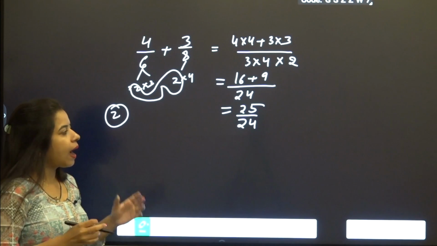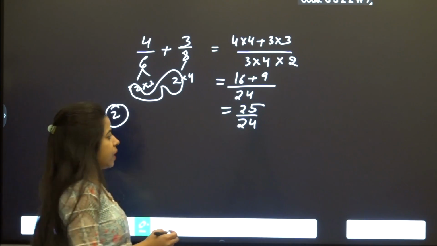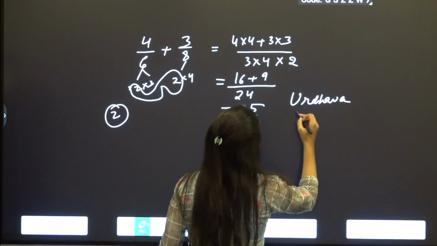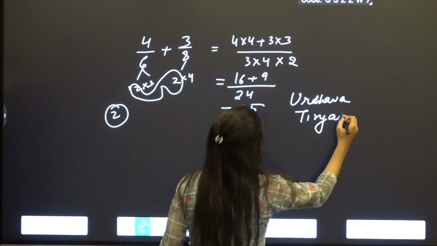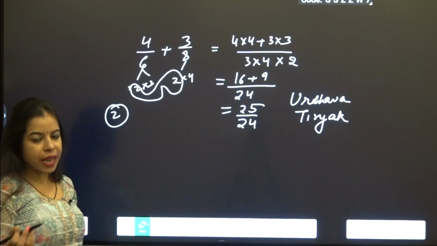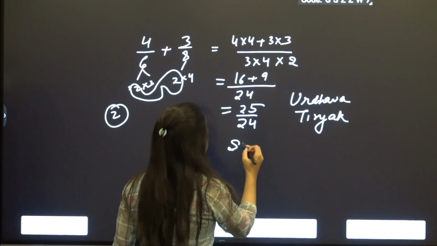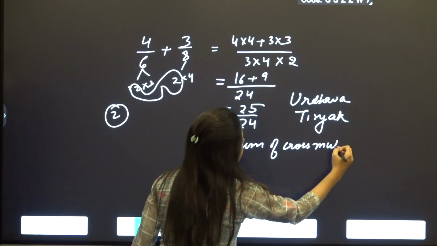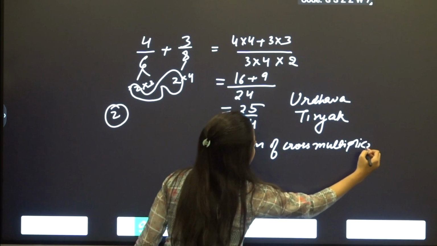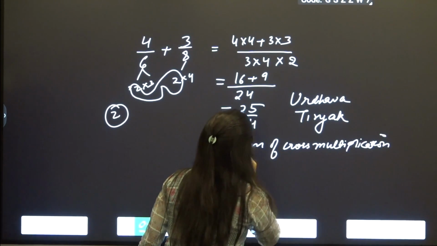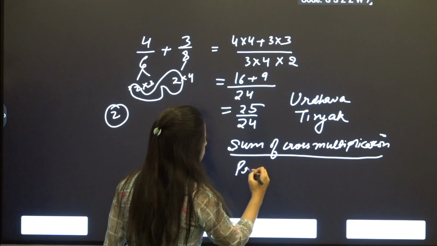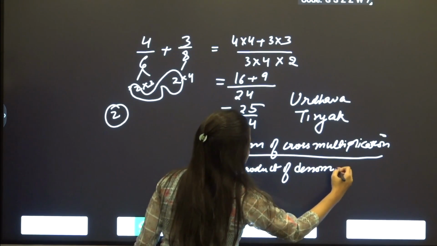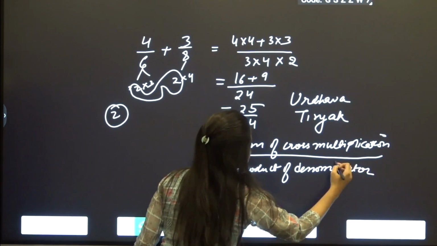Okay? And the sutra that we are using is Urdhva Tiryak, which says that sum of cross multiplication upon product of denominators.